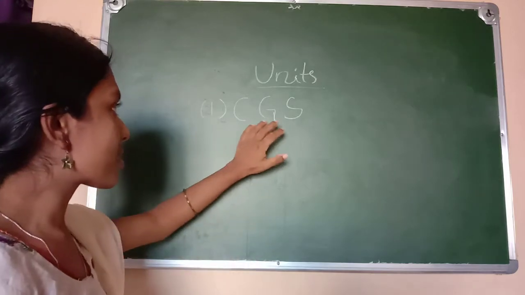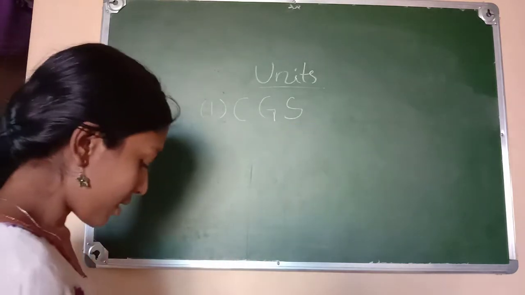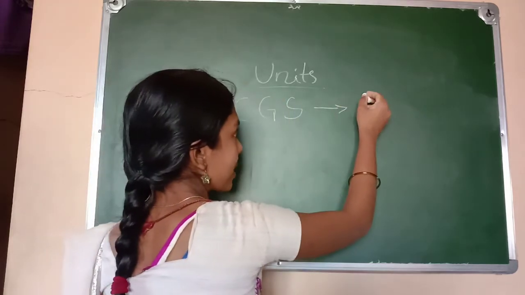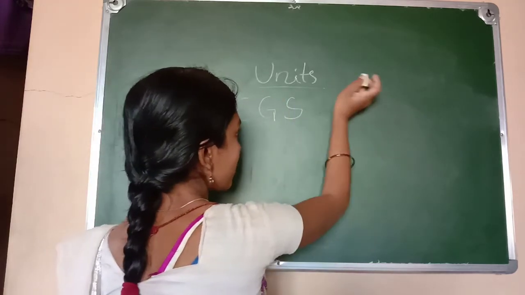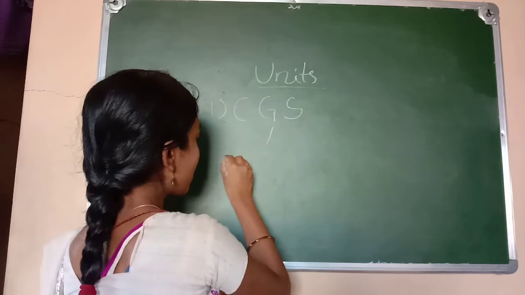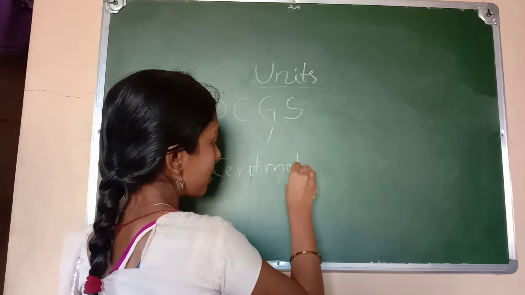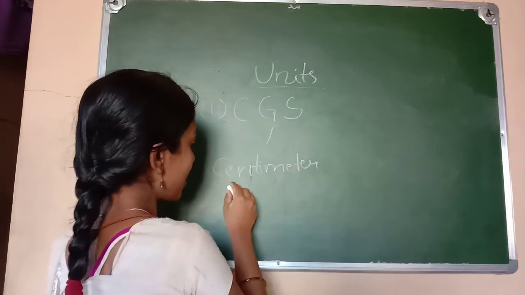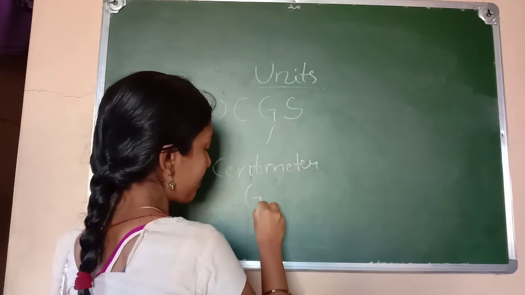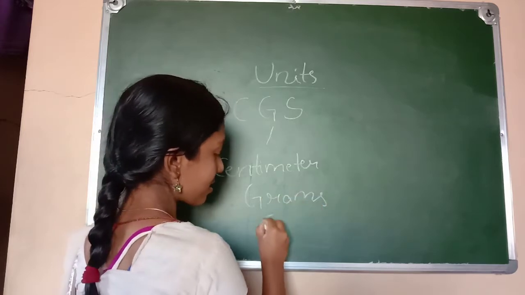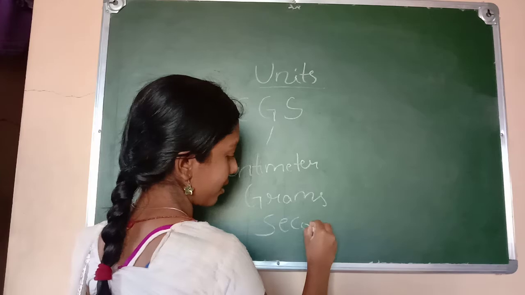So what is the CGS system? In this system, C stands for centimeter, G stands for grams, and S stands for seconds.